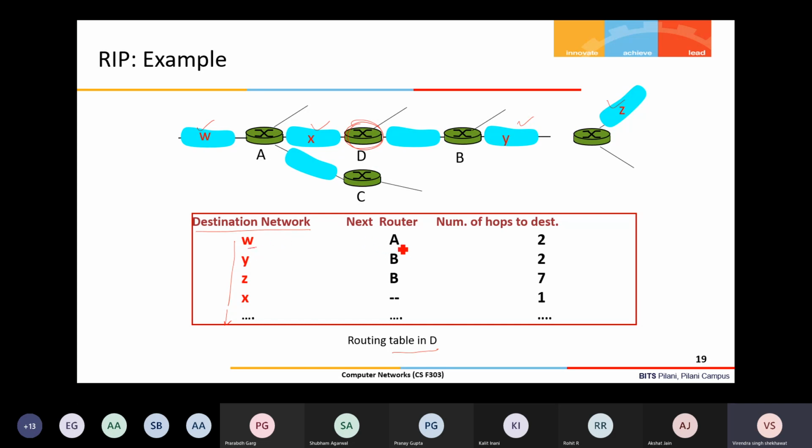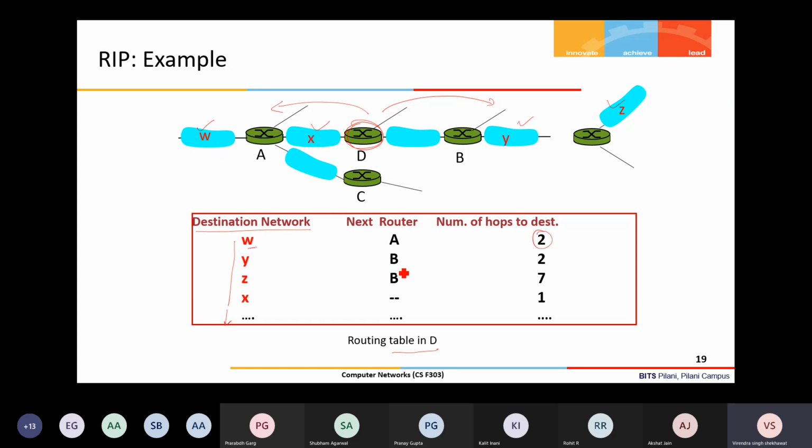For destination network W, the next router is A, so W is reached via A. Y is reached via B, and Z is also reached via B. For the number of hops, W is 2 hops, the first hop and the second hop.